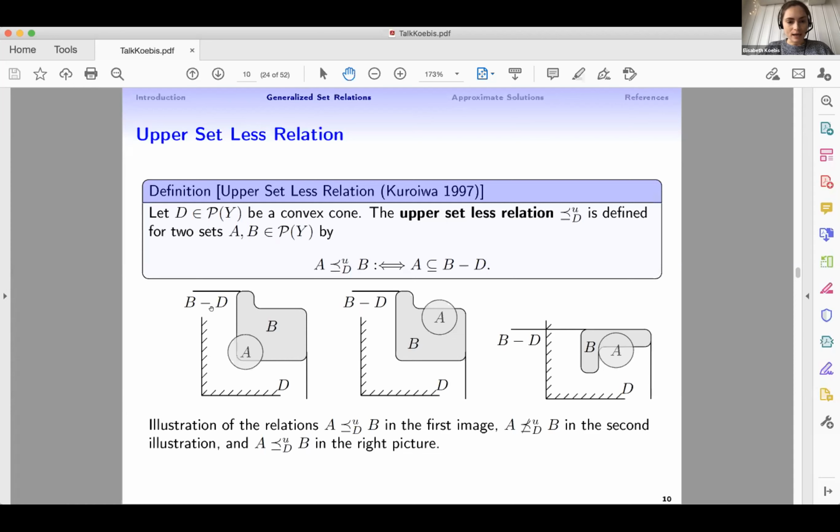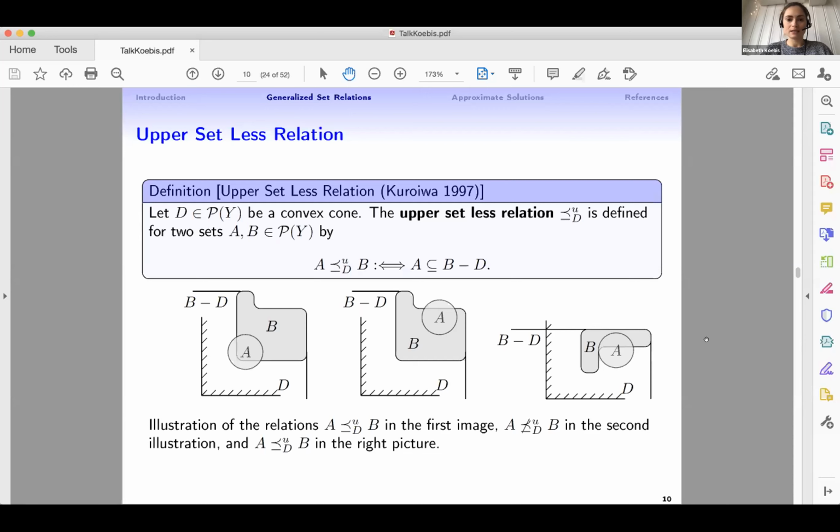Because if we have B minus D, we are comparing these sets by means of their upper bounds. And this corresponds exactly to the idea of robust optimization. So here we have that A is better than B because A is a subset of B minus D, where D is the natural ordering cone in R2. Here, A is not better than B, but here A is again better than B because these worst cases here are not dominated by these worst cases here.